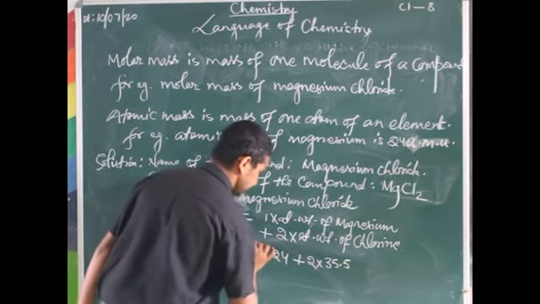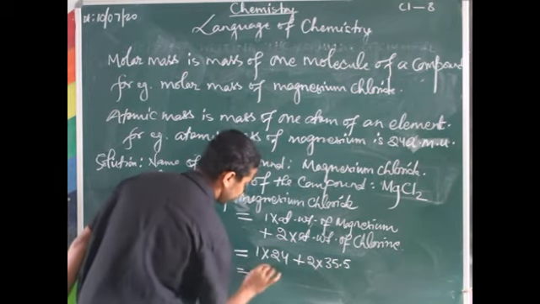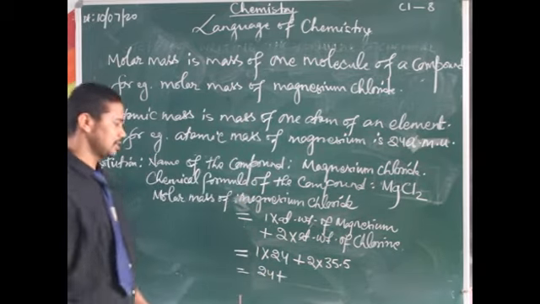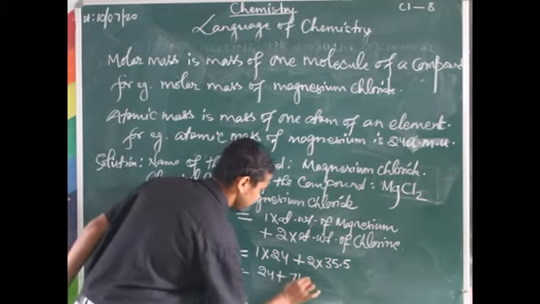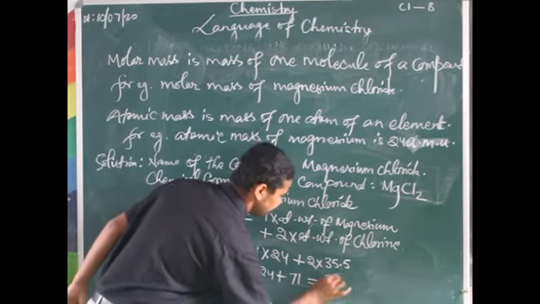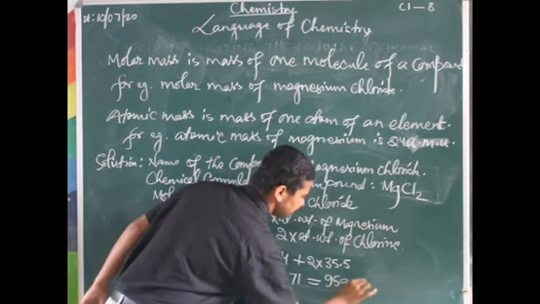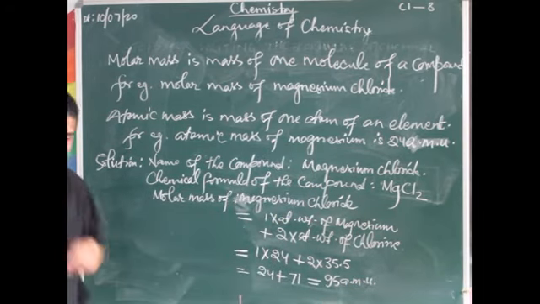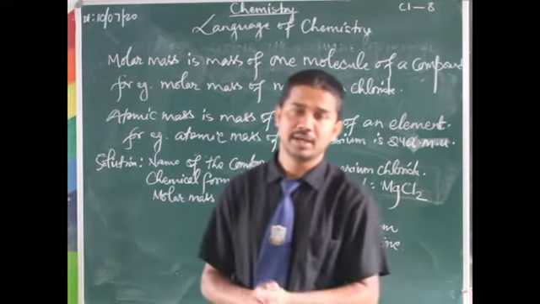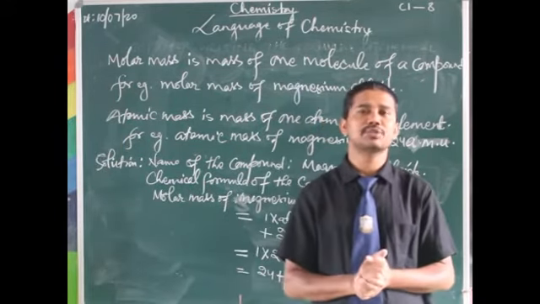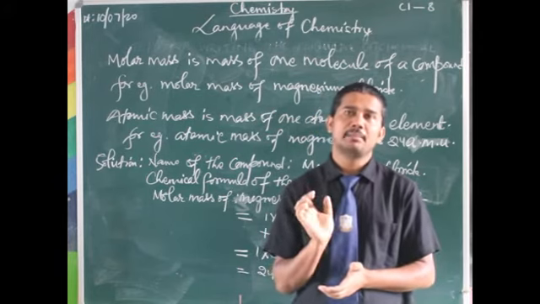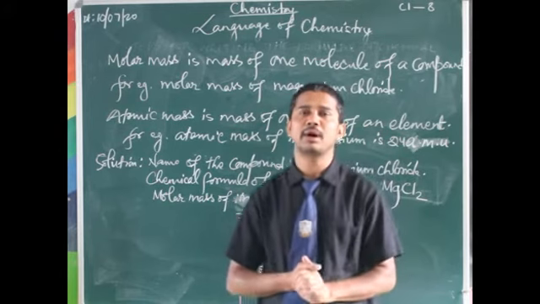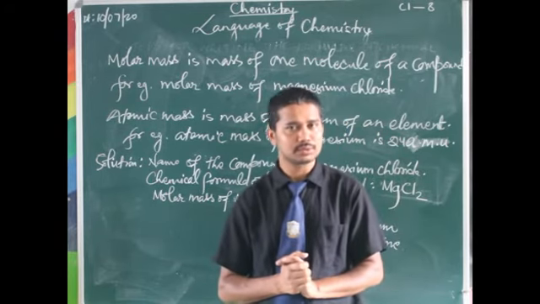Then 1 into 24 plus 2 into 35.5 is 71, which makes 95 AMU. So molar mass of magnesium chloride is 95 AMU. In this way, by using the molecular formula and atomic mass, you can come to know about the molar mass of the compound also.